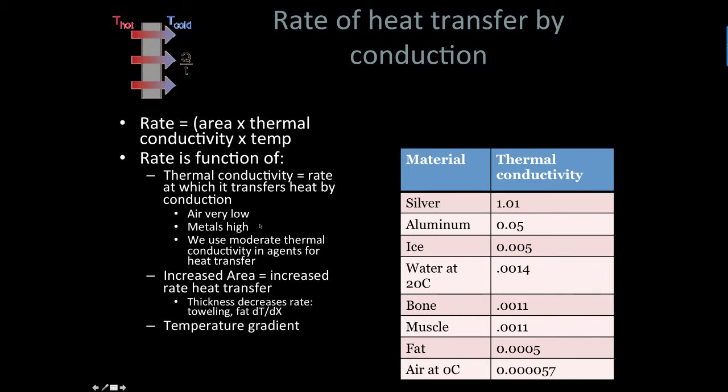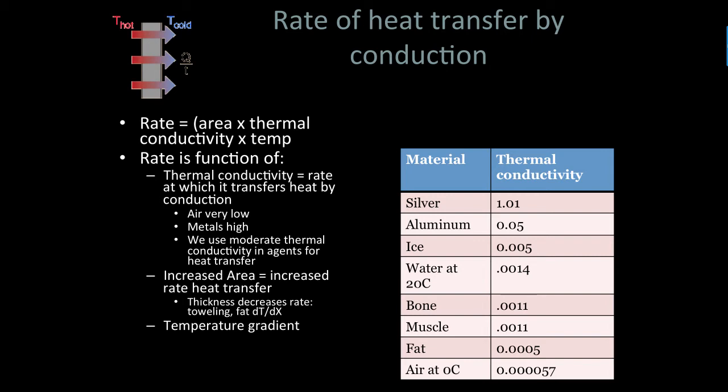And then the temperature gradient, the delta T part right here. Actually, in this equation, it's a delta T over a dx, so we talk about differential equations, but the big thing to know here is that it's just the thickness, x1 minus x2, the thickness of whatever material we're transferring through.